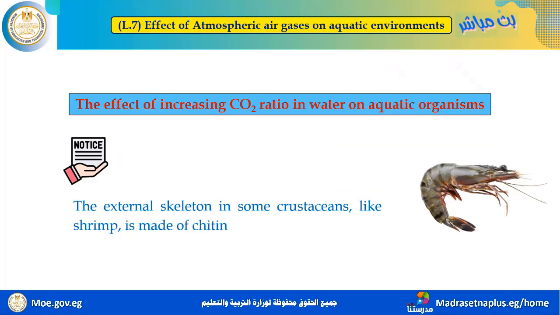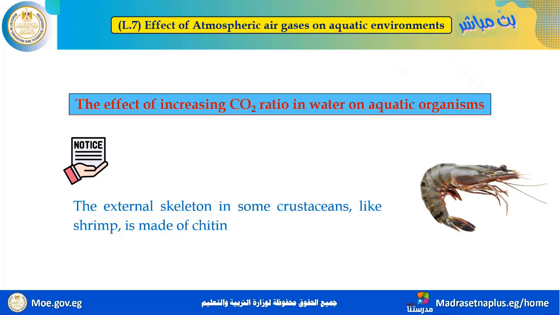Don't forget, the external skeleton in some crustaceans, like shrimps, is made of chitin. So it will not be affected by what? By the increase of the carbon dioxide ratio, but it can affect, yes, the young shrimps, the larvae of small shrimps.